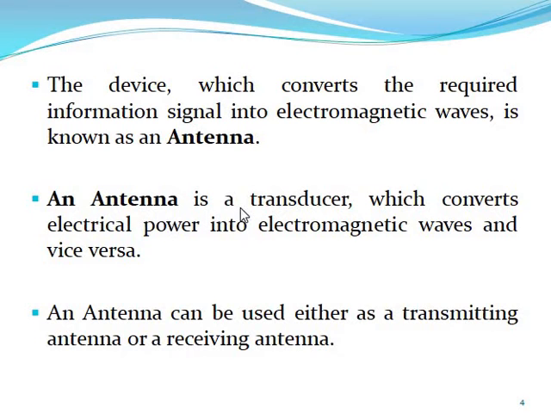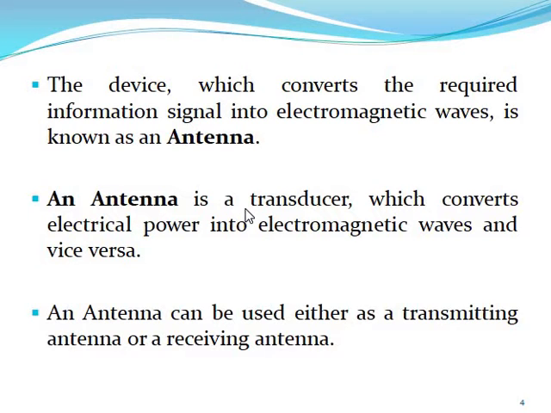An antenna is a transducer which converts electrical power into electromagnetic wave and also vice versa. It means the antenna converts electrical power into electromagnetic wave, and also converts electromagnetic wave into electrical power.